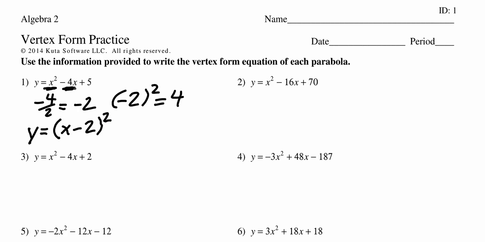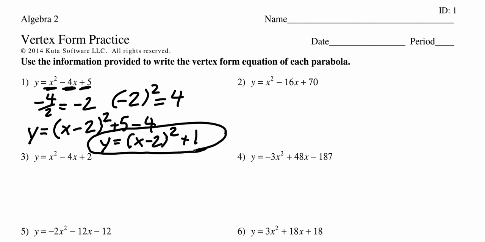Now for the plus 5, you want to keep the plus 5 here for now, and then you want to subtract 4, which you got from squaring the b divided by 2 part. So we can simplify this as y is equal to x minus 2 squared plus 1, and that will be your final vertex form.